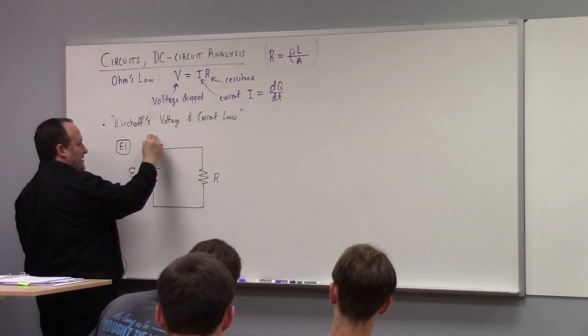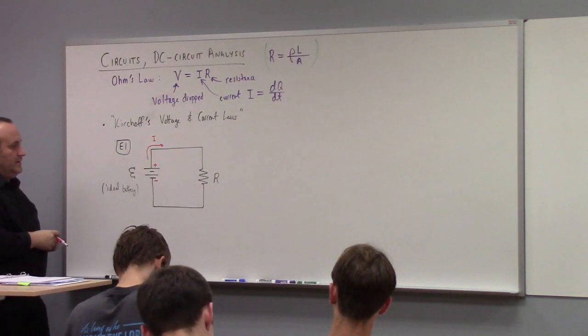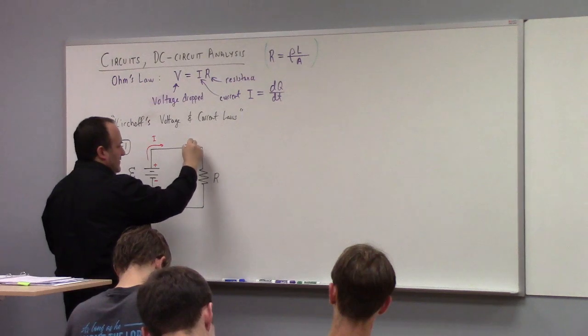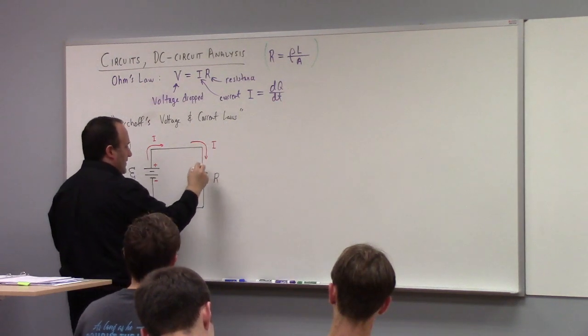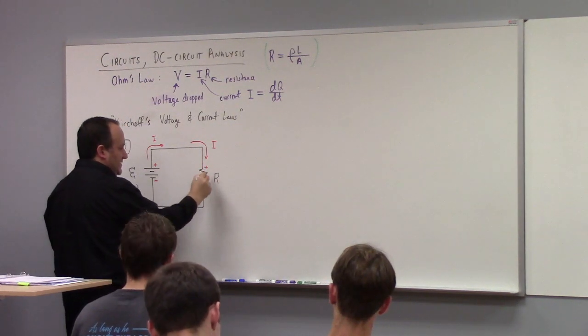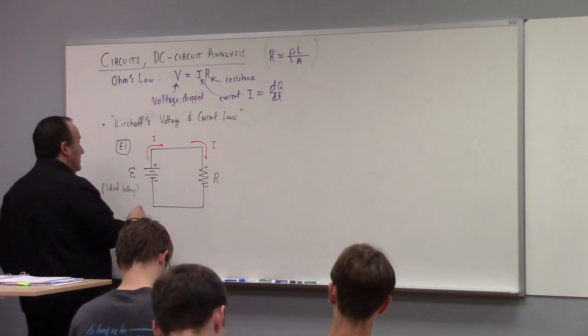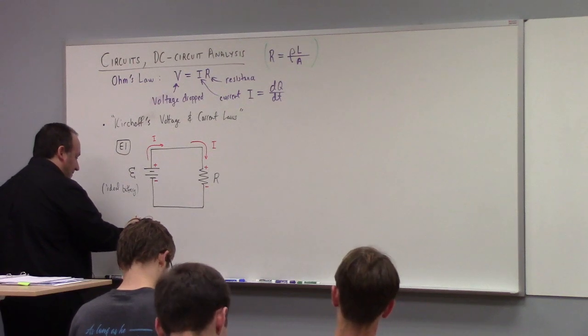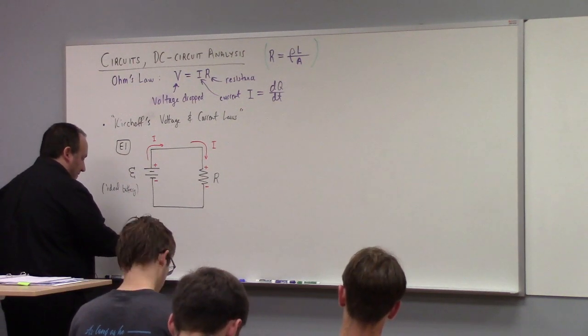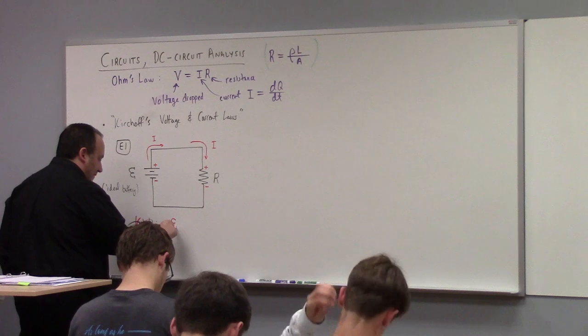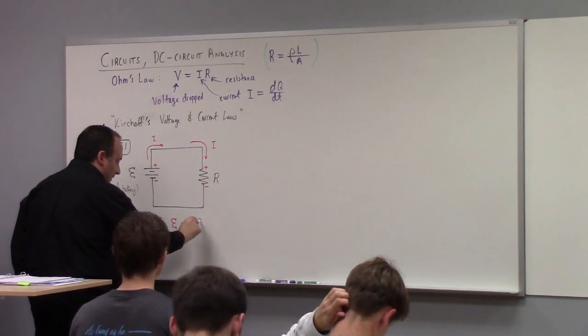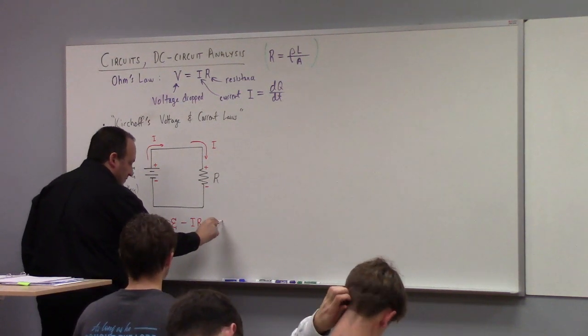And when I say current, I mean conventional current. Then as that goes through here, there's a voltage drop, so plus to minus. So Kirchhoff's voltage law, which we'll say KVL, just looks like E minus IR equals 0.